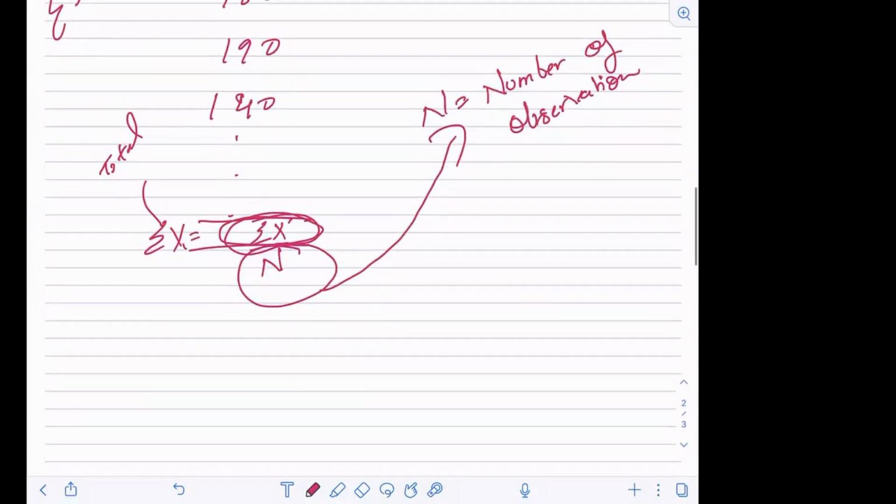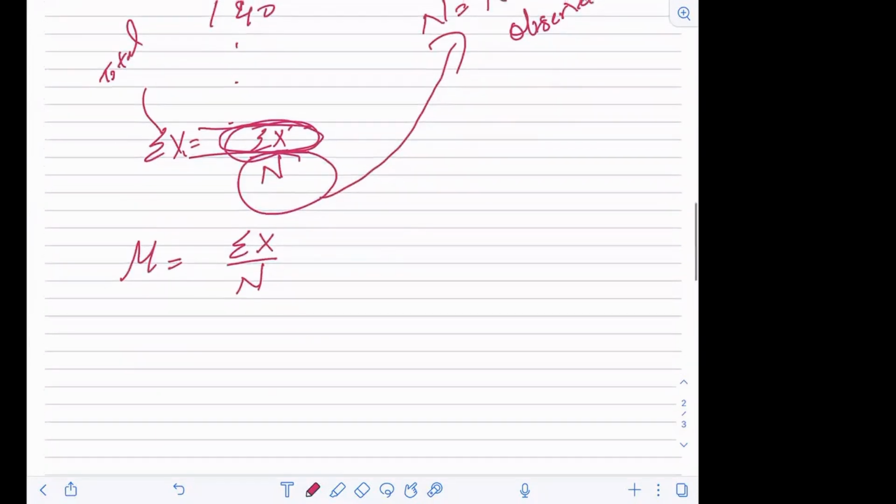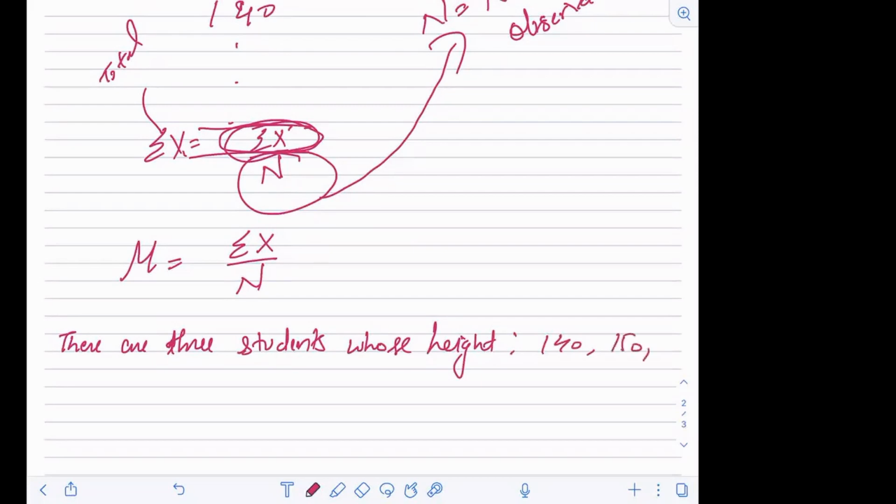So what is going to be the formula of mu? We can write here, mu is equal to sigma x upon n. Let me do a small question. There are three students whose heights are 140, 150, 160.